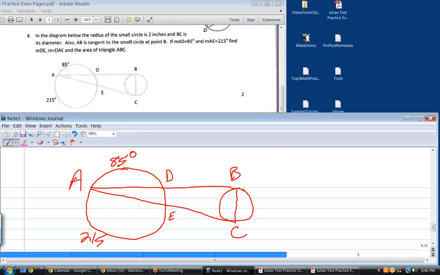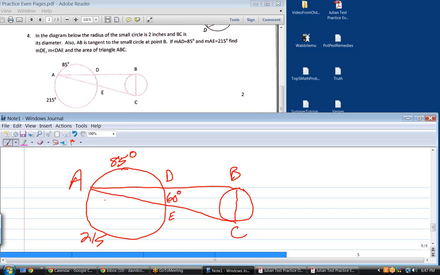Add 215 to 85, what do you get? 300. That's 60 then, right? In other words, it has to total 360 around. So that's 60. That tells us quite a bit.